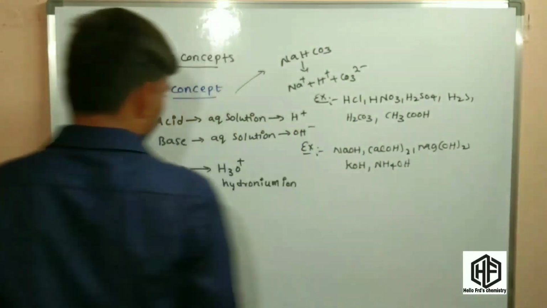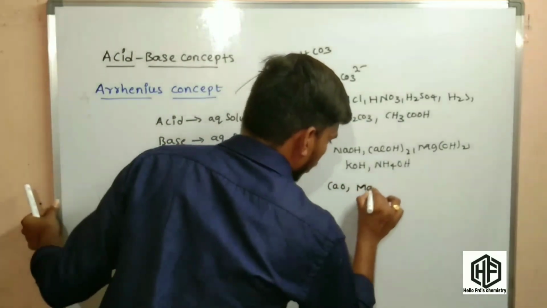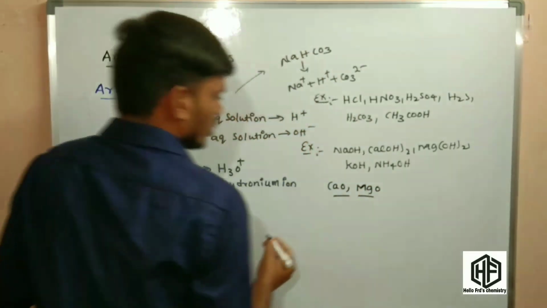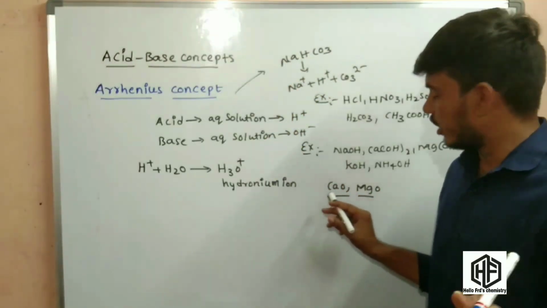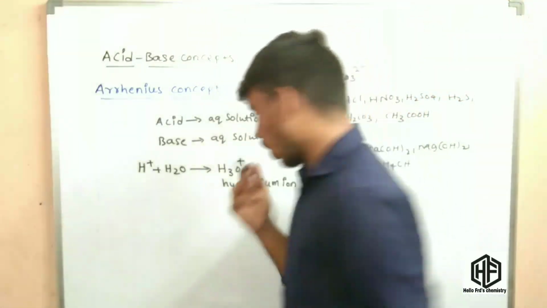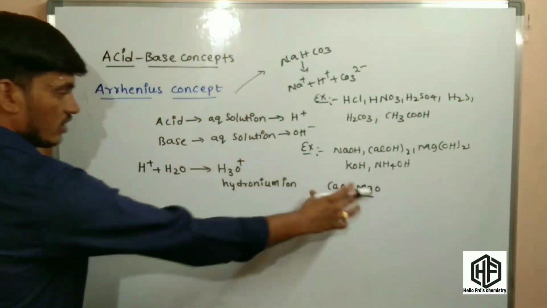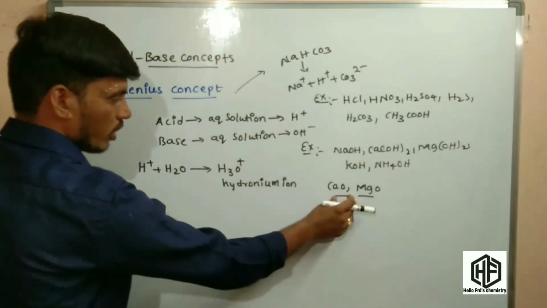Now one more important point: CaO and MgO, calcium oxide and magnesium oxide. Metal oxides are bases, strong bases, but Arrhenius cannot explain this. This is one more important limitation.